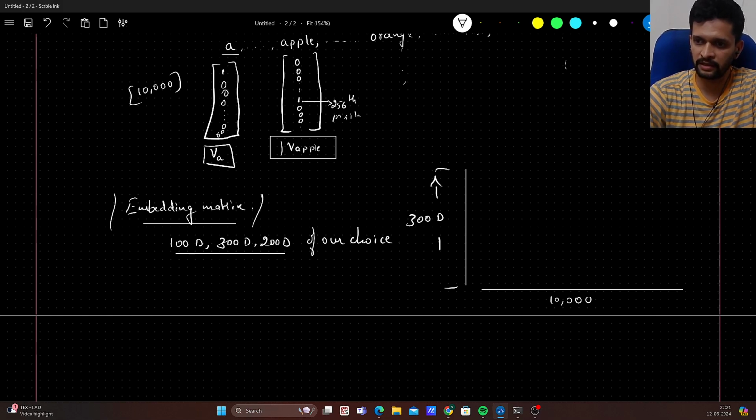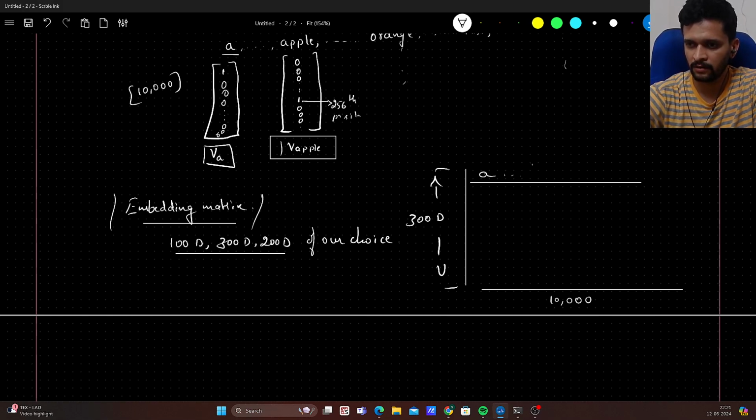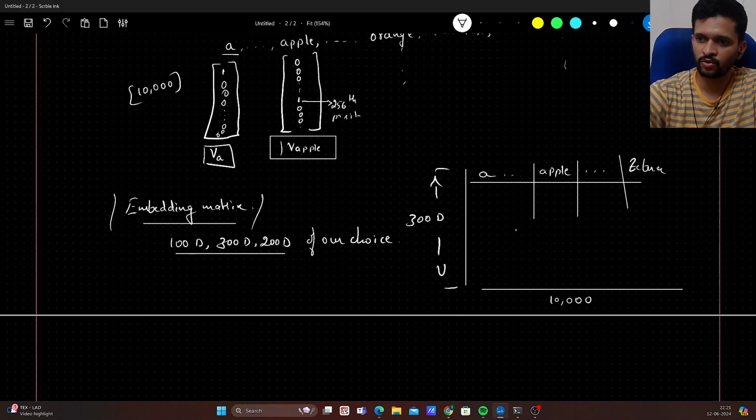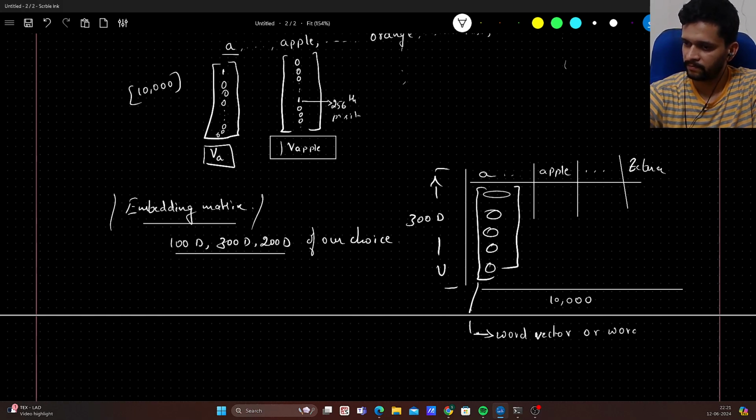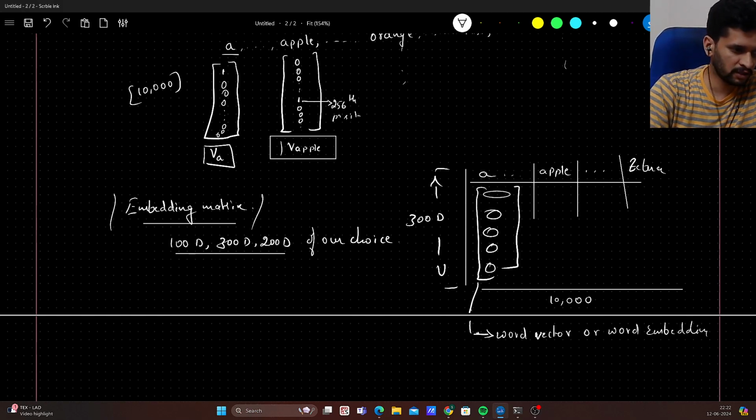So these 300 dimensions are nothing but 300 features. So we will have A, apple, in the end zebra, right? Each of these will have some numbers associated with it, and each of these words will be called the word vector or word embedding. So how do we learn this?